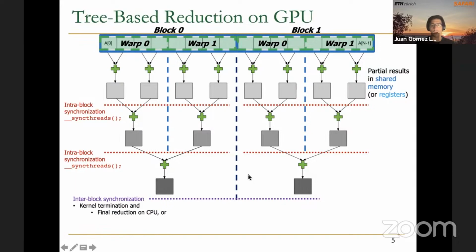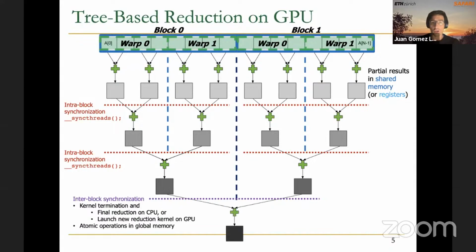Remember that one way of doing this inter-block synchronization is by terminating the kernel, and then we can do the final reduction either on the host CPU, or we can launch a new reduction kernel on the GPU. And we also talked about another possibility, which was using atomic operations in global memory.